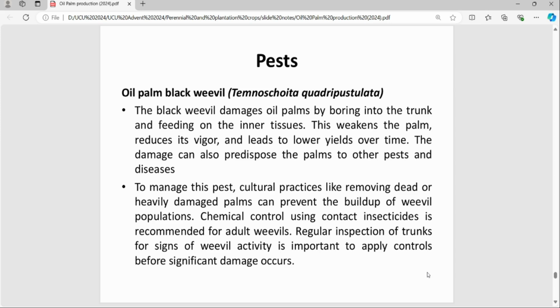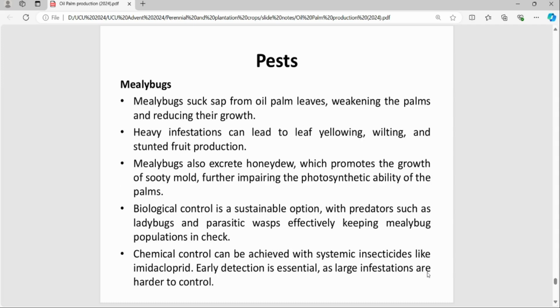This can be managed by cultural practices of removing dead and heavily damaged palm trees to prevent buildup of the weevils, and chemical control using contact insecticides to kill the weevils. But regular monitoring for signs of weevils is also recommended so that controls are applied before significant damage in the field.